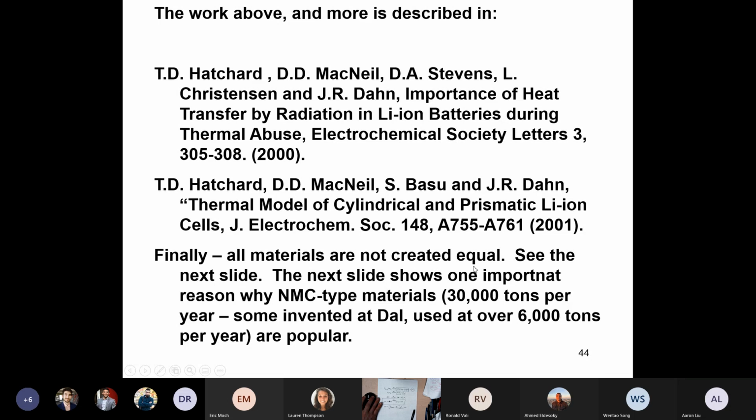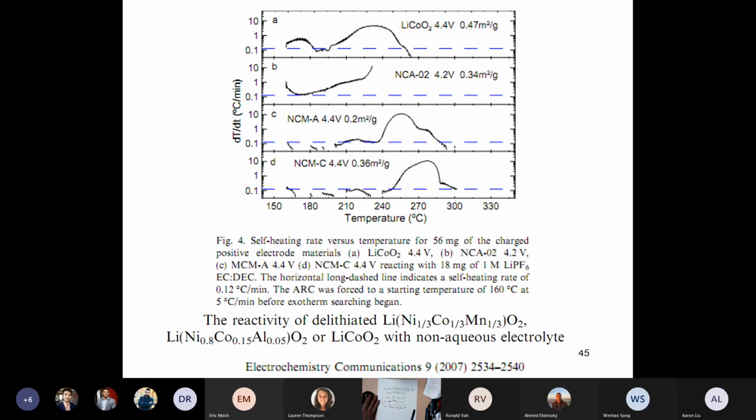All materials are not created equal. NMC materials, this is an old slide. I don't know what it is now. 500,000 tons per year at least, I guess, are used today. So these are ARC experiments that show what happens if you try to follow the ARC over a larger temperature range for lithium cobalt oxide charged to 4.4 volts and NMC charged to 4.4 volts.